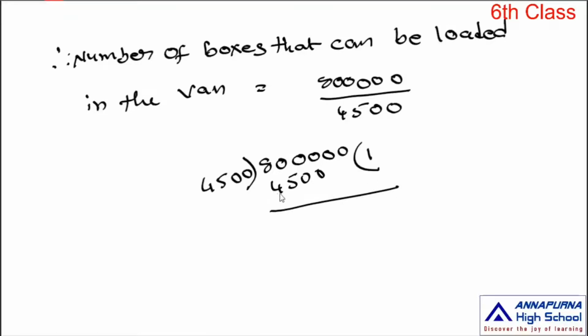When we subtract 4,500 from 8,000, 7 minus 4, 3, 3,500. Bring down this 0, 35,000. 4,500 into 7, 4,500 sevens, 31,500.